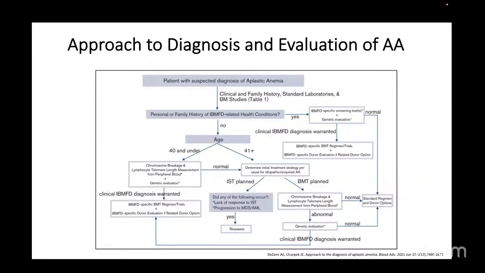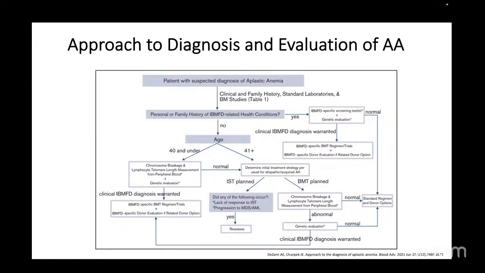So, patient with suspected diagnosis of aplastic anemia, so we have to carry out the normal charade of clinical and family history, standard laboratory workup, bone marrow study, and depending on the age of the patient and the fitness of the patient, if the patient is under 40, then we must not forget that certain inherited bone marrow failure defects do present at a variable age, and hence we must conduct chromosome breakage, lymphocyte telomere length measurement, and other relevant genetic evaluation, so to rule out inherited bone marrow failure diseases.